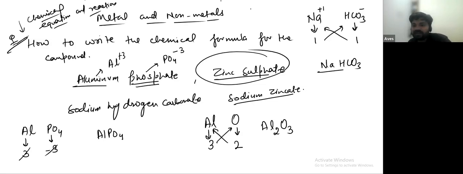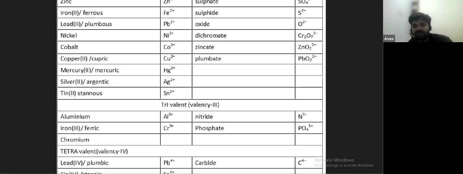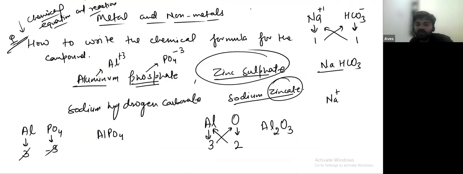Similarly, sodium is going to have +1 valency, and the zincate you see in the chart is the zincate ion ZnO2, with -2 charge. ZnO2 is one single entity.